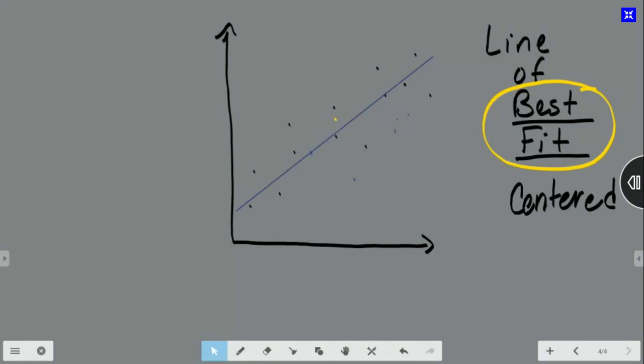Now I'm going to estimate where my 20 is, because here's 18 and there's 21, so I'm going to say 19, 20. And I'm going to go up to my line of best fit, and then over to my Y axis. So if my dog is 20 inches tall, about what do I expect him to weigh?